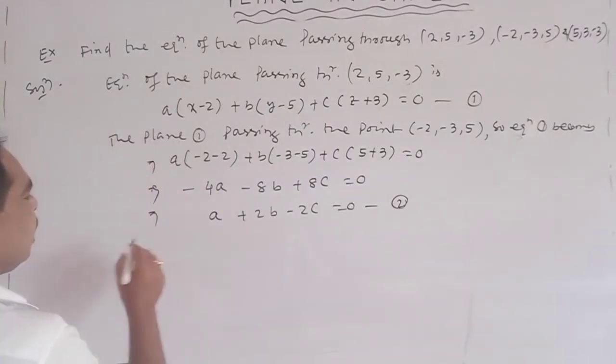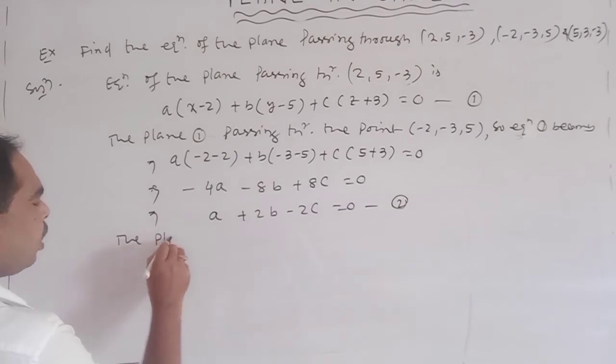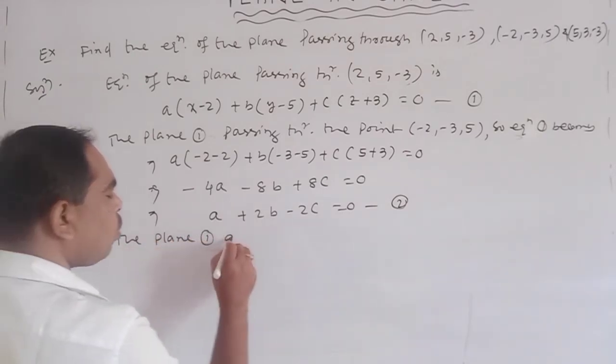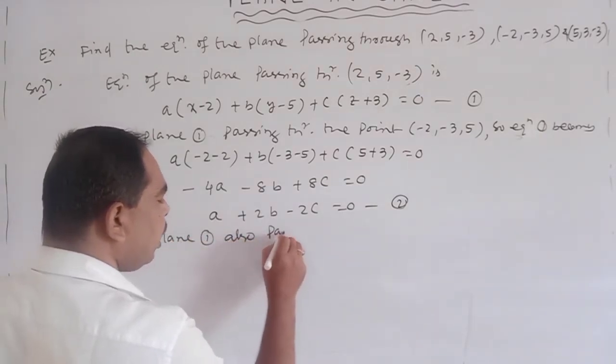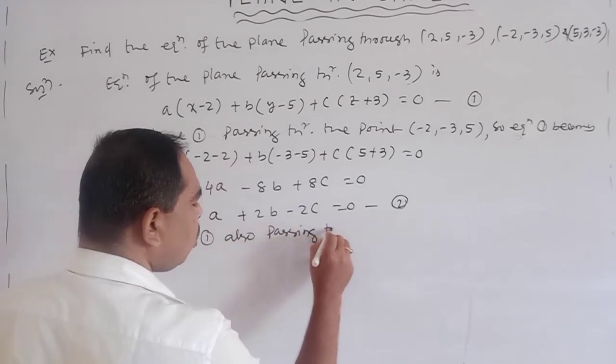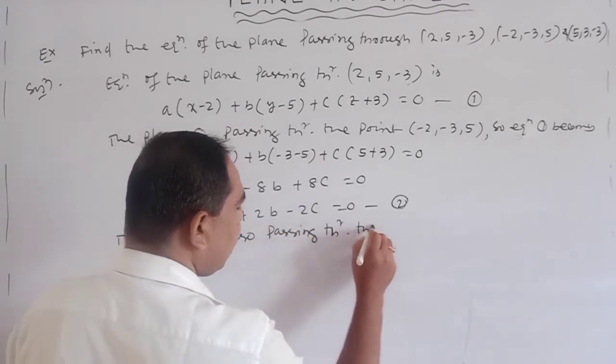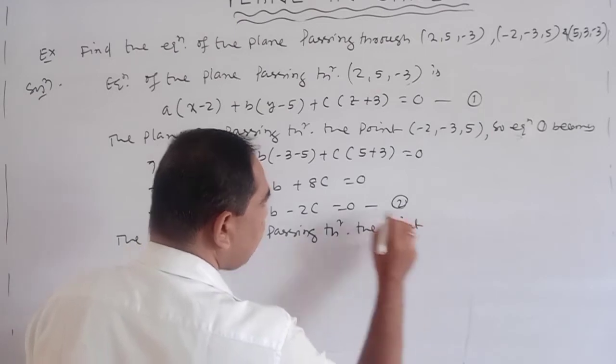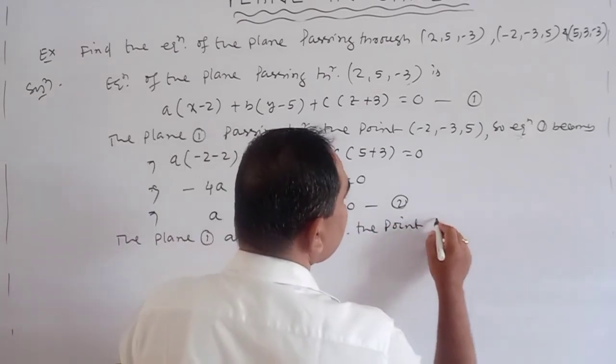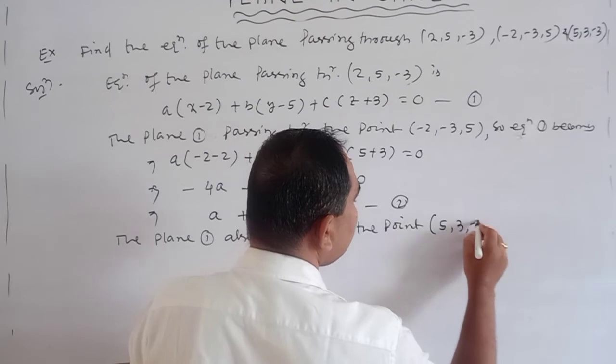Next, the plane 1 is also passing through the point (5, 3, -3).